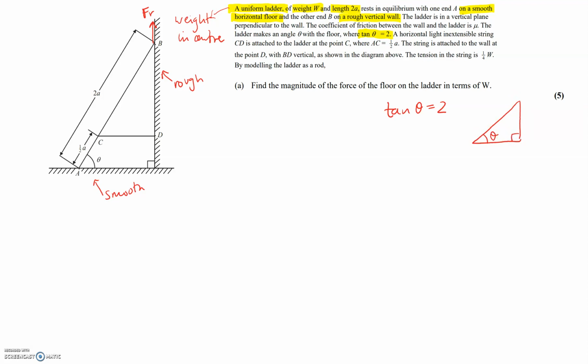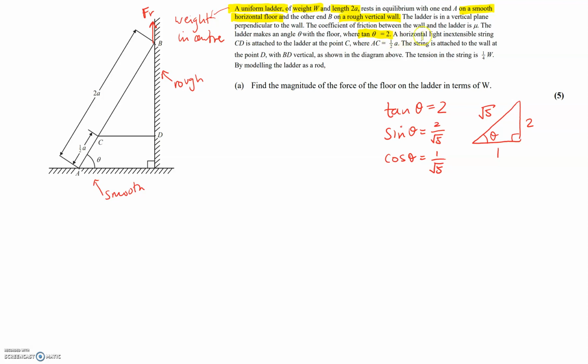Tan theta is opposite over adjacent, so the opposite must be 2 and the adjacent must be 1. The hypotenuse is root 5 using Pythagoras. So sine theta is 2 over root 5, and cos theta is 1 over root 5 because it's adjacent over hypotenuse. That's going to be useful.